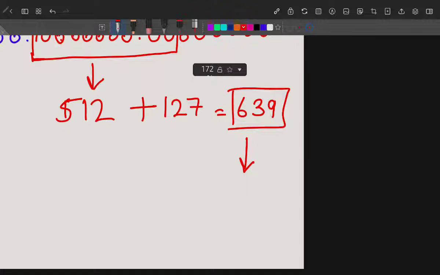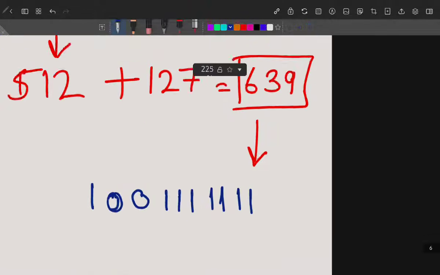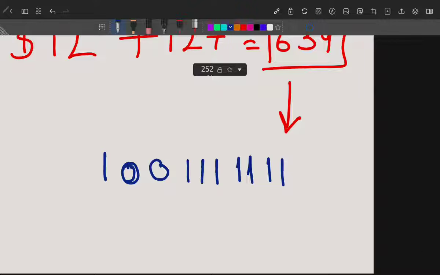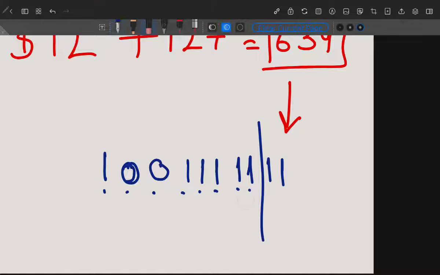Because this is a massive number, expect getting 10 bits. So if you do convert this to binary, you would be getting 100 and then 111 1111. This is 10 bits, so you partition it to 8 bits: 1, 2, 3, 4, 5, 6, 7, 8. Partition this to 8 bits.